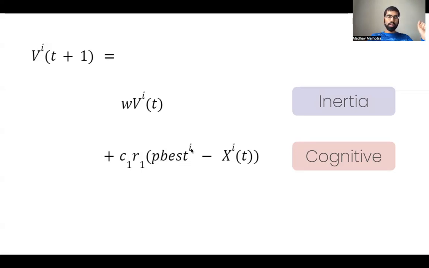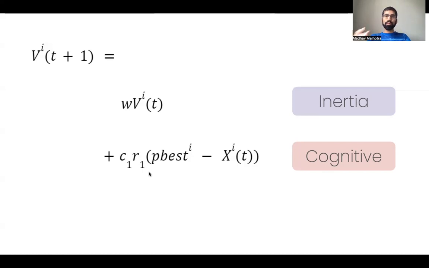And the personal best for the ith fish is across all of the time that it's been moving. So we're going to figure out what direction we have to go in from the fish's current position to get to the personal best. That's what this subtraction does.